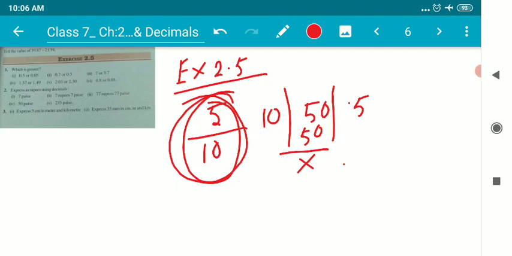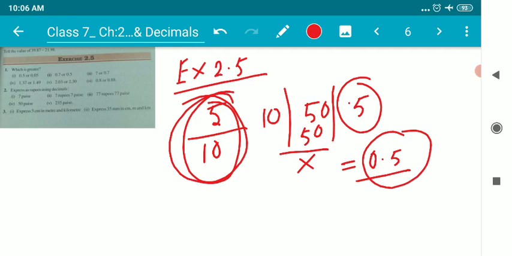So here it's 0.5, as we all know that before the point we cannot leave it empty, so we have to write 0.5 over here. So 0.5 is the decimal expansion of this number. That is fine. Okay, that was not a question actually.